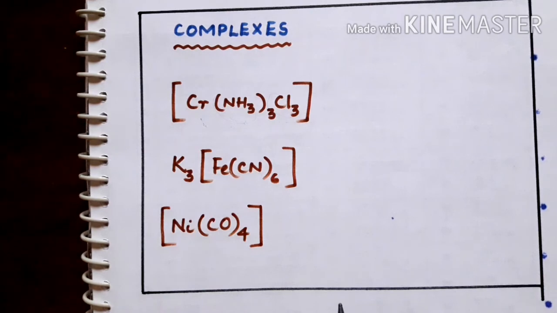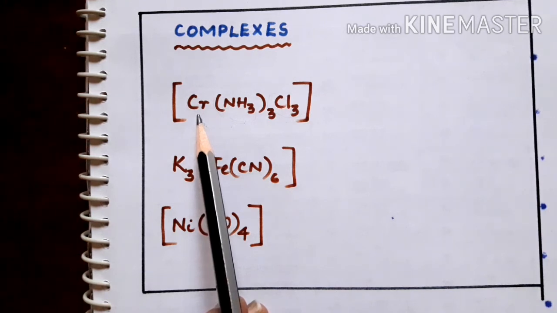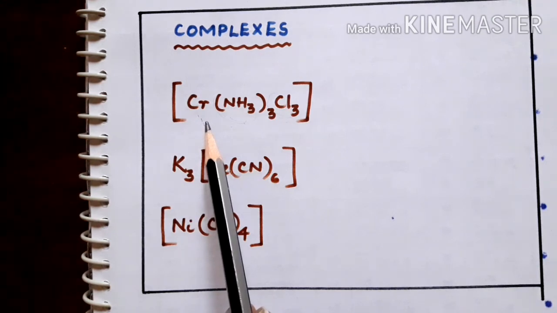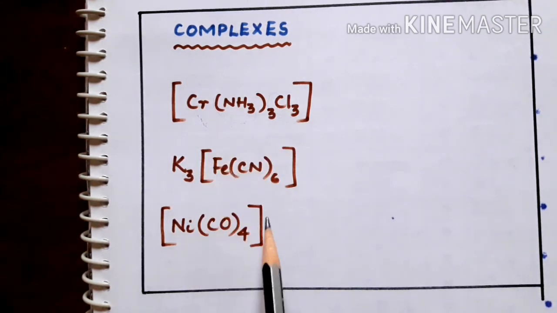And why is this possible here? Because of the small size of the metal atom, the availability of high charge and the availability of vacant d orbitals, the d block elements are able to form complexes. So it can be neutral complexes or charged complexes as the case may be.